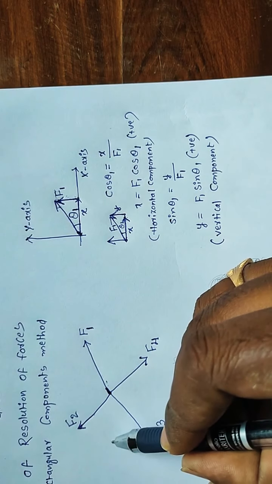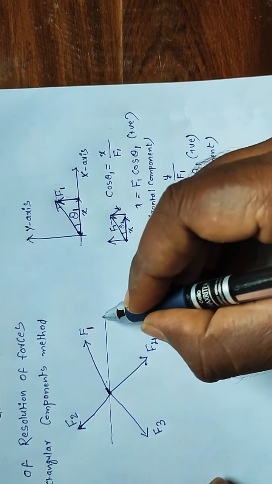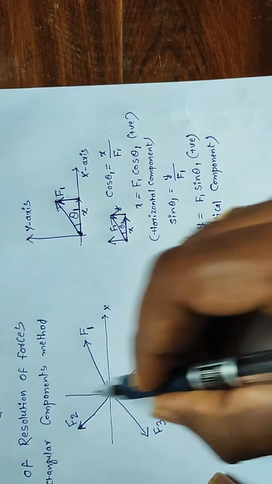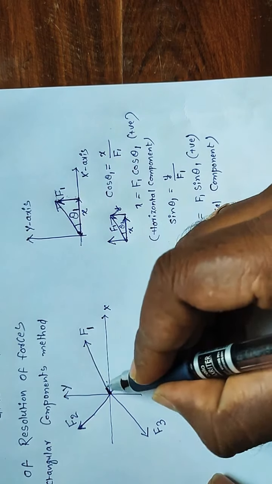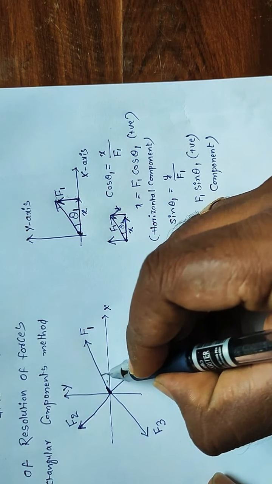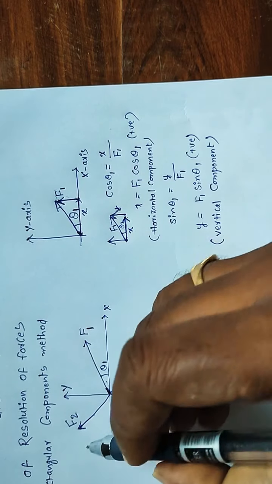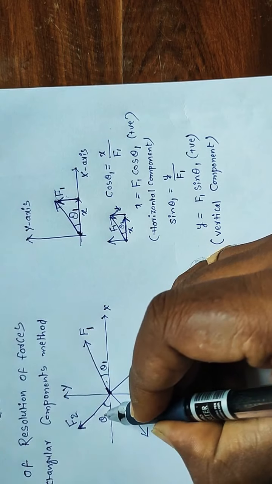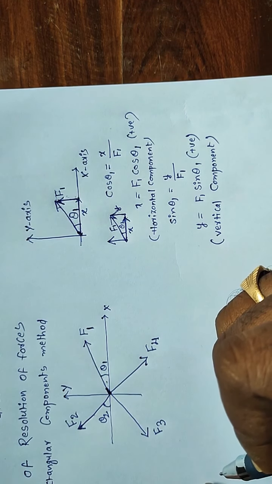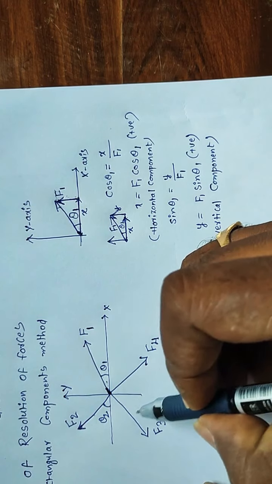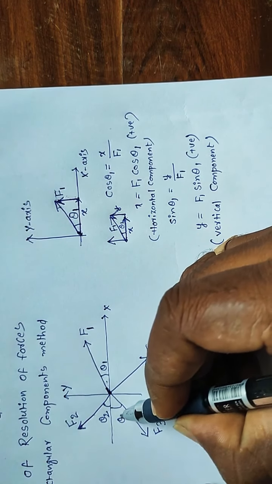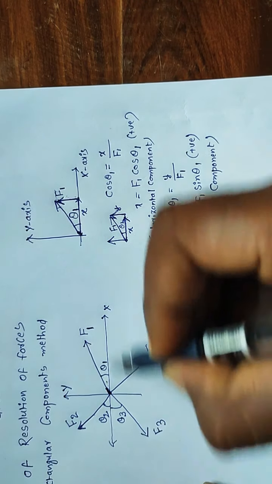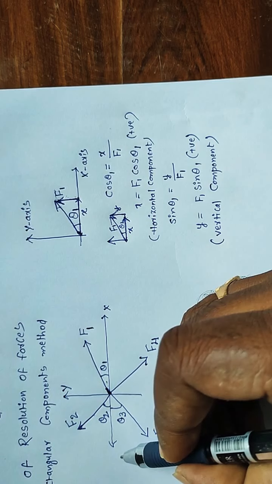So this is the x-axis, and this one is the y-axis. F1 is making an angle theta 1 with the x-axis. Here F2 is making an angle theta 2 with the x-axis, and F3 is making an angle theta 3 with the x-axis. This direction is positive x and this is negative x.